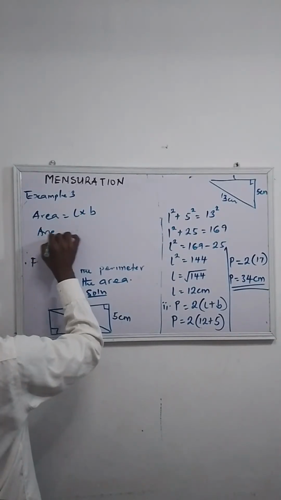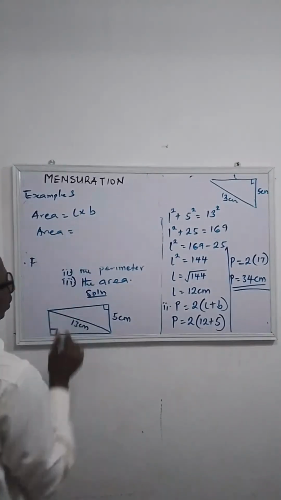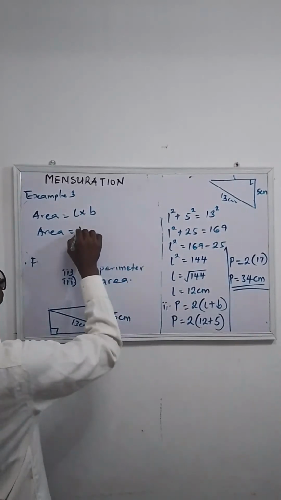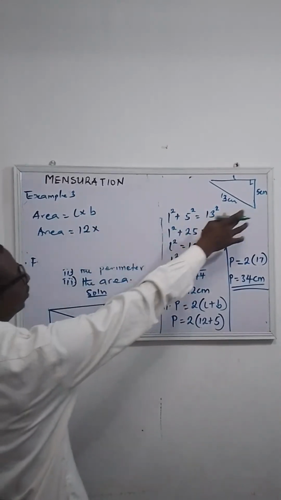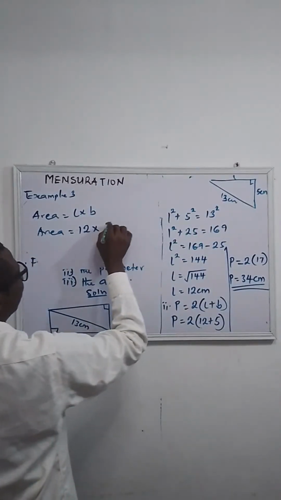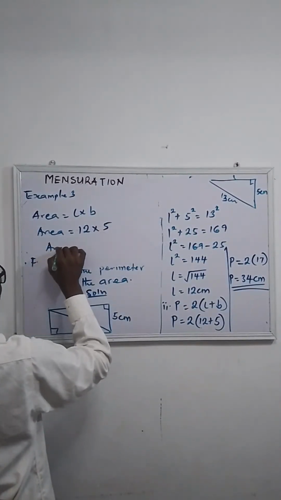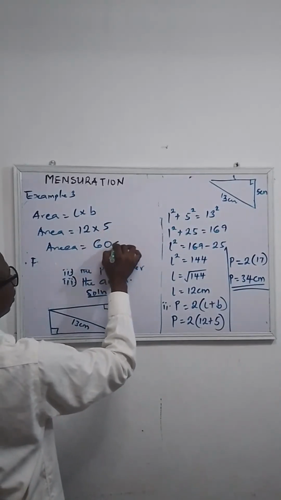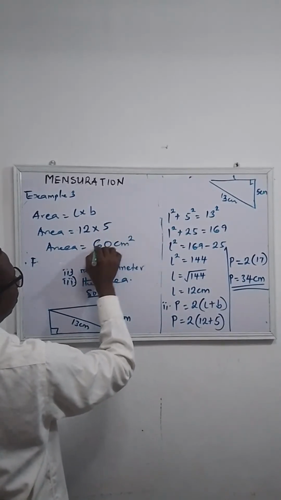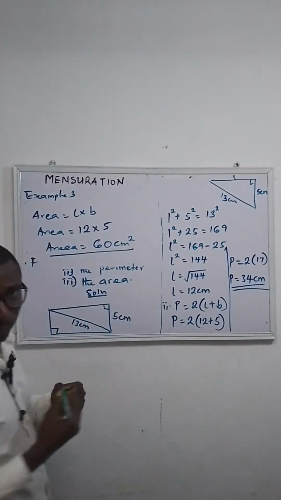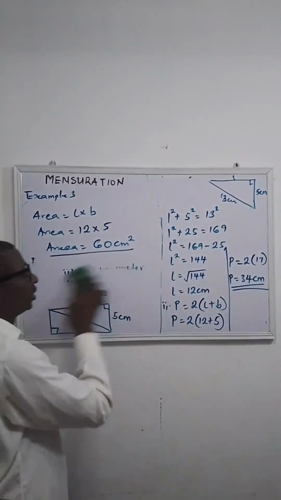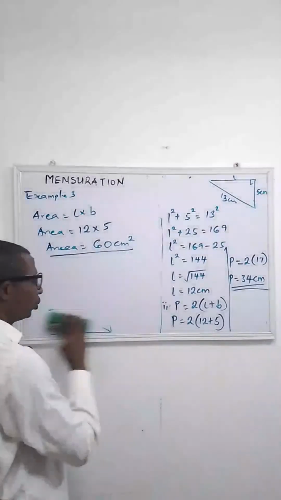The length is what we have gotten before, that's 12, and the breadth, which is also the same thing as the width, is 5. So our answer is 12 times 5, that's 60 centimeter square. So this is the answer to the problem. I want to believe you all understand that. That's how to get the area. Everybody should be able to do this.